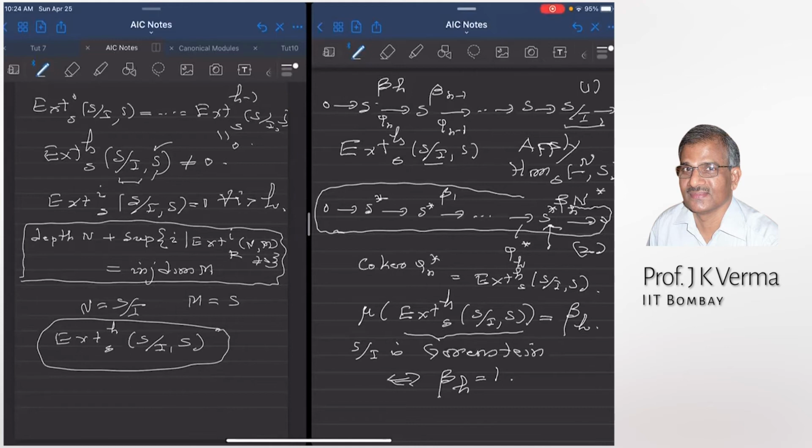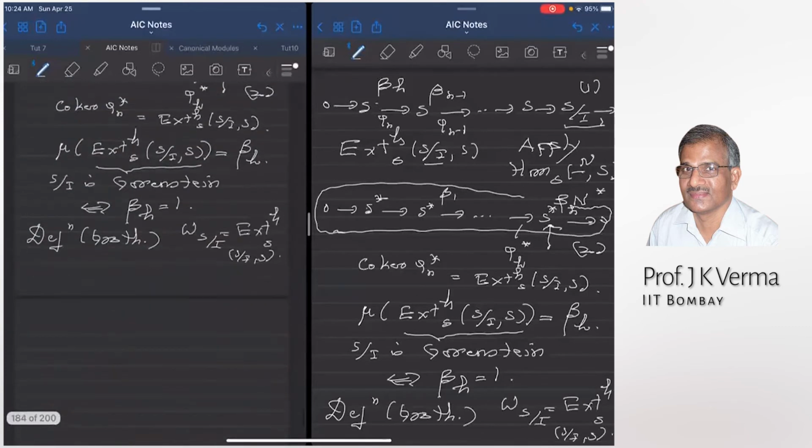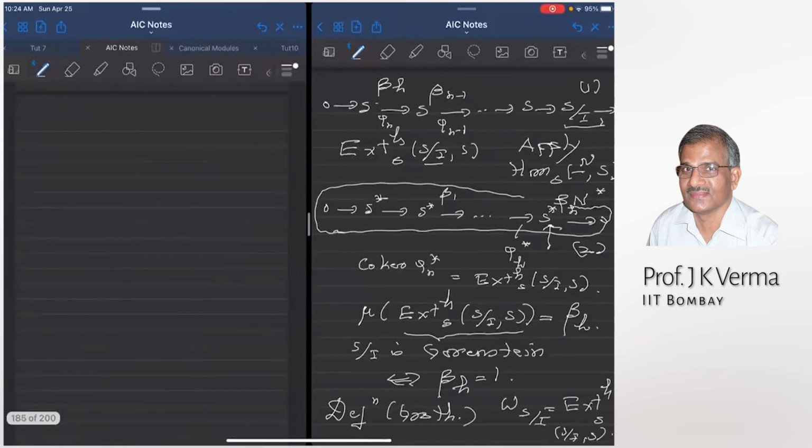So Grothendieck defined this as the canonical module. This is the definition due to Grothendieck. The canonical module of S mod I is defined to be Ext of S mod I, S. That is the canonical module, and so by this argument, the canonical module of S mod I is cyclic if and only if S mod I is Gorenstein.